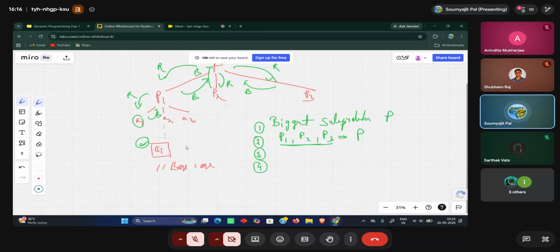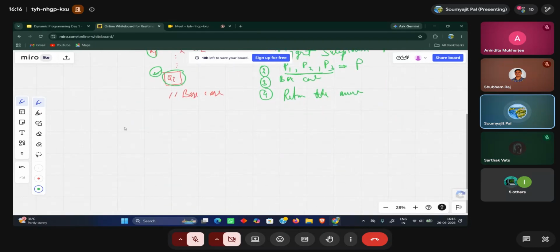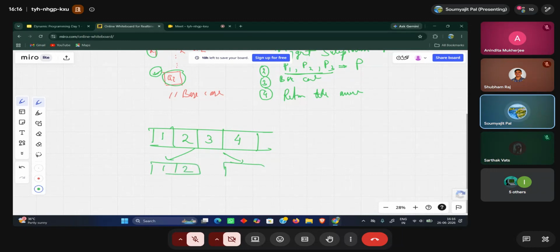Another thing, we need to identify our smallest subproblem, that is in this case A1, that is our base case. And lastly, return our biggest subproblem, that is, return the answer of P. For example, we have an array and we need to find its sum, let the elements be 1, 2, 3, 4. So we'll divide it into 1, 2, then 3, 4.